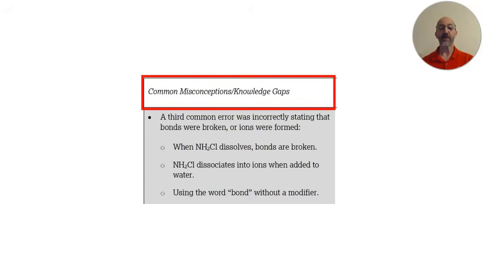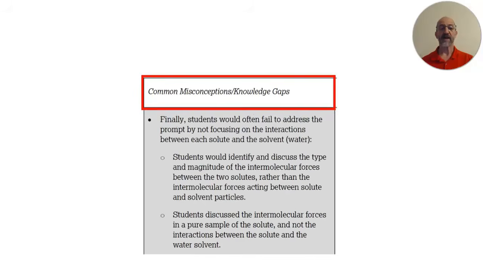A third common error by students was incorrectly stating that these chemical bonds were broken or that ions were formed. So again, watch out for your careful word choice, especially when you're talking about things like bonds or the identity of the particles. Finally, students would often fail to address the prompt by not focusing on the interactions between each solute and water.